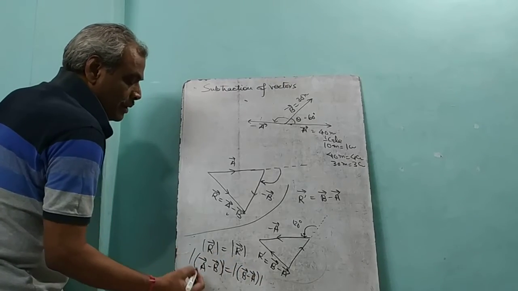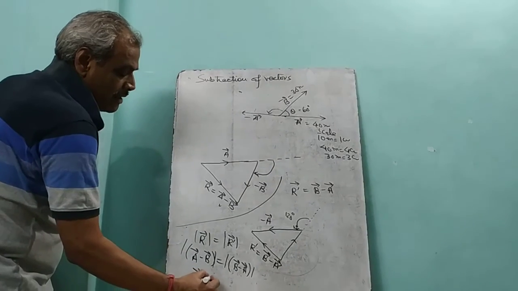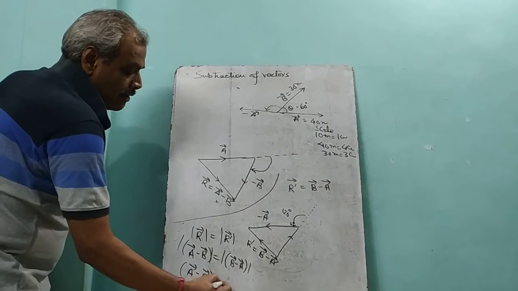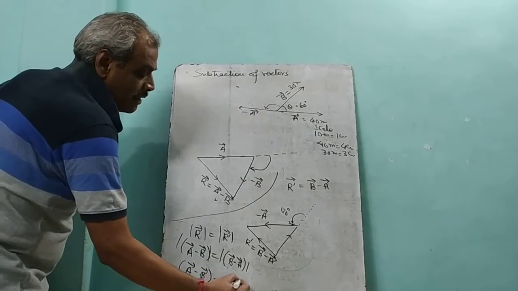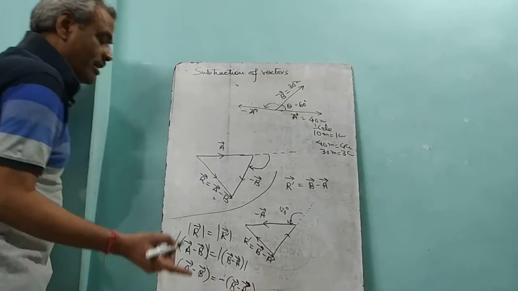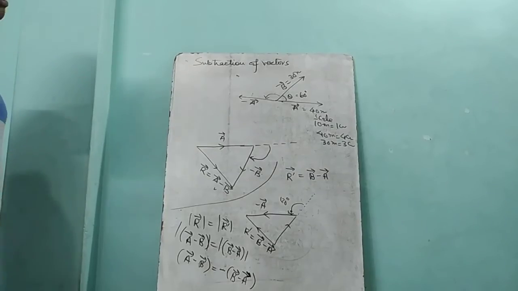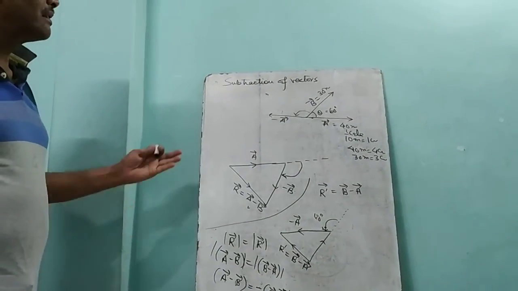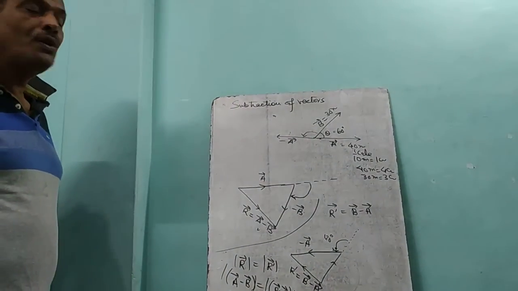But A minus B and B minus A are two opposite vectors, so A minus B is equal to minus (B minus A). Yes, this is subtraction of two vectors.